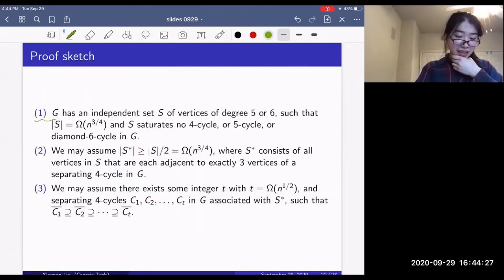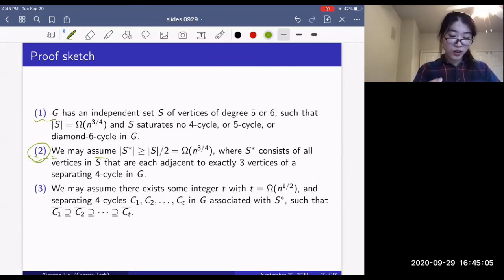We may assume that a lot of vertices in S are adjacent to exactly 3 vertices of a separating 4-cycle in G. If we don't have many such vertices, we can find the good independent set and we are good. But this also means that there are a lot of separating 4-cycles in G.